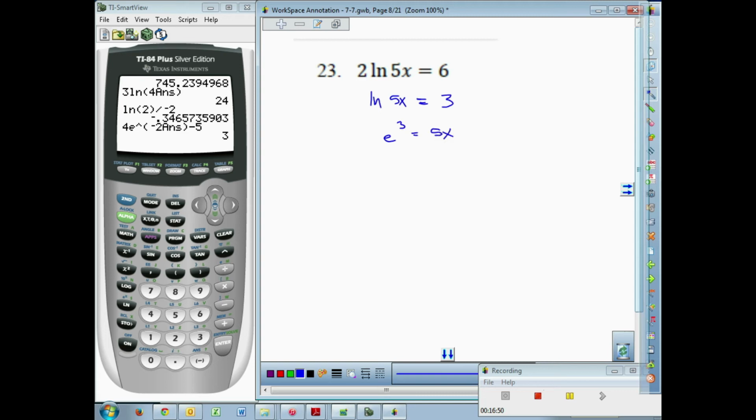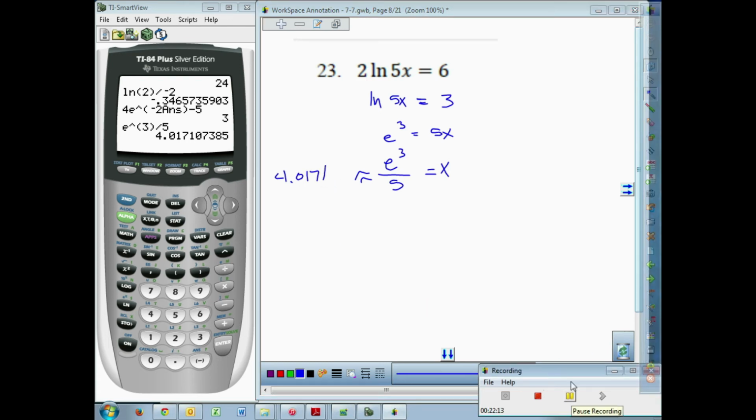Then solve for x. Punch her in. We're cool with about 4.0171-ish.